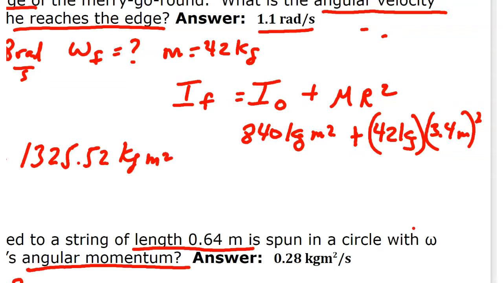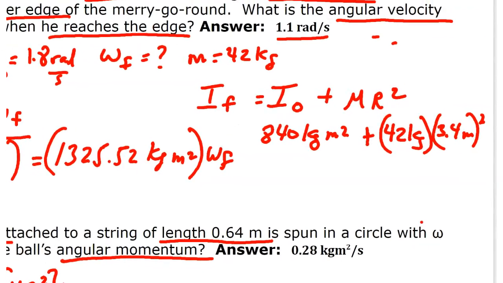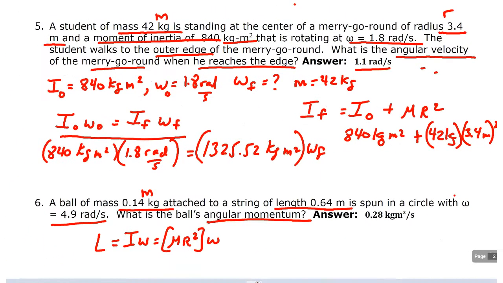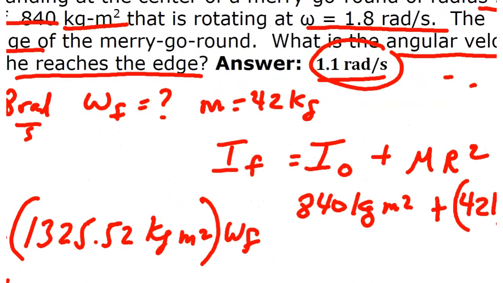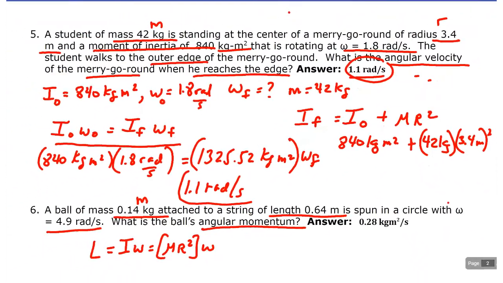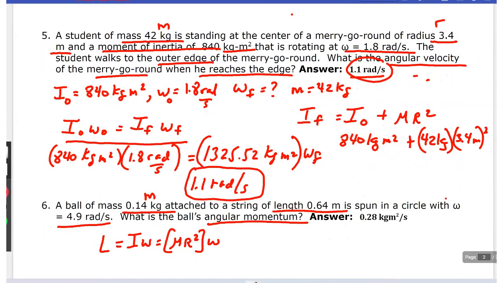Remember, you can leave out that radians, which I always find funny and weird, but they do it, times wf. So we'll divide both sides by that 1325, and you get 1.14, which turns out to be 1.1 radians per second. So just to summarize, you've got this person in the middle.